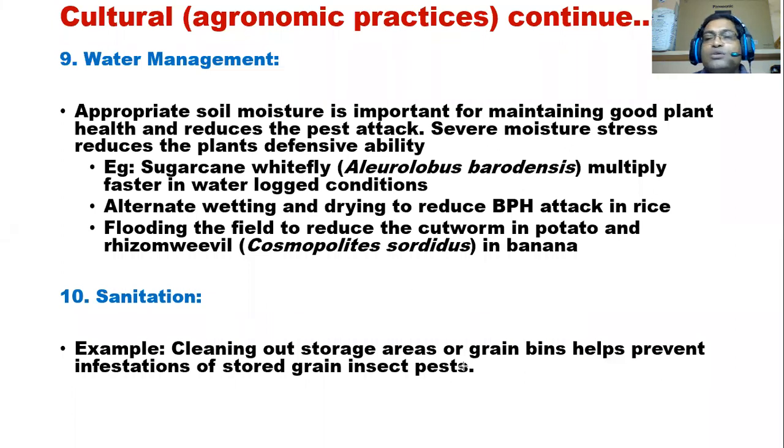Fruit flies also you can reduce. If there are fallen or damaged fruits in the orchard, and you properly remove and burn or bury them, you can minimize fruit fly attacks. This way you can also use more cultural practices traditionally practiced by farmers. And some other cultural practices are there, such as erecting scarecrows.